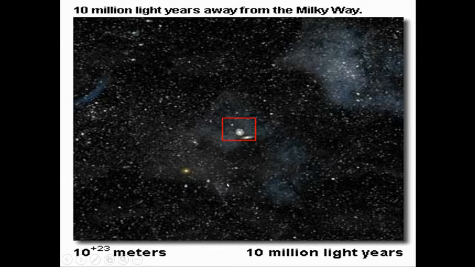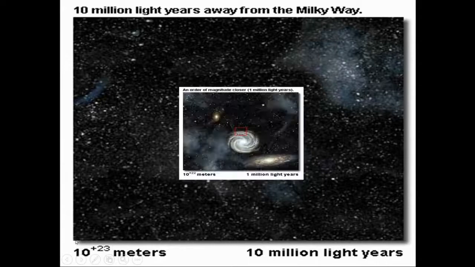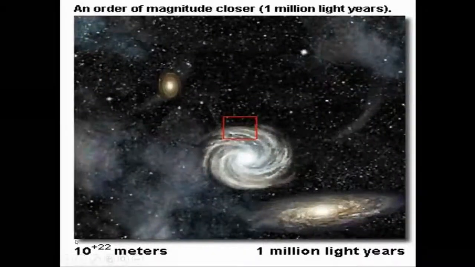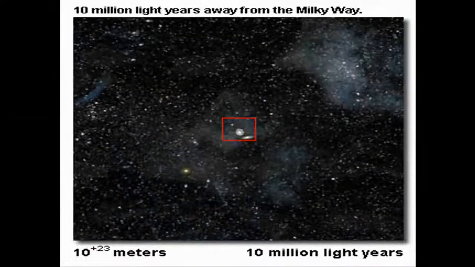You are 10 million light years away from the Milky Way, and then you zoom in, and you can look at the bottom here, and you have 10 raised to the power 23 meters.